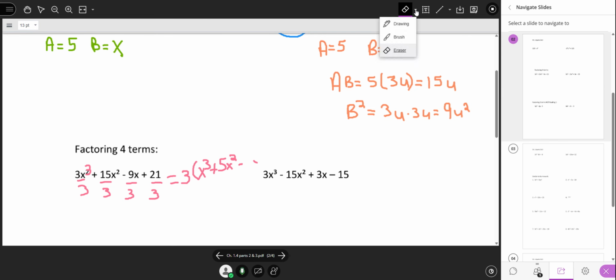And if you were in class and caught it, you would have gotten 2 points. And then plus 7. Now notice 5 and 7 don't have anything in common. All you can do is a GCF here.